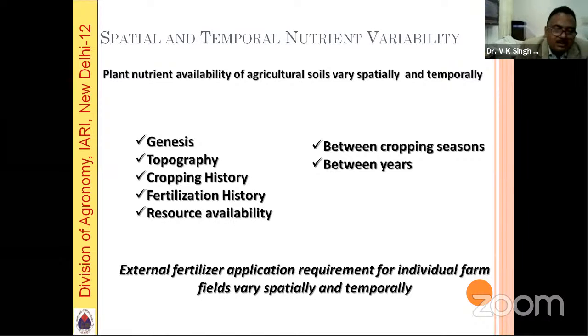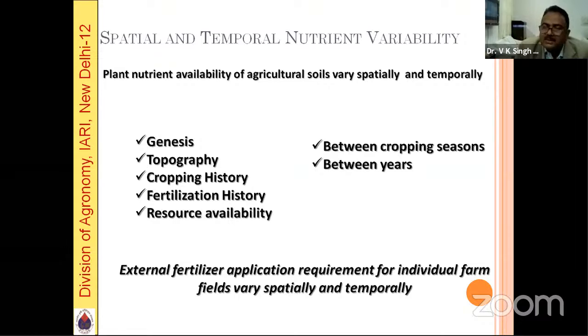These are also affected by the cropping system. In the Kharif season or monsoon season, in general, nutrient availability is relatively higher. But at the same time in winter season, deficiency occurs.